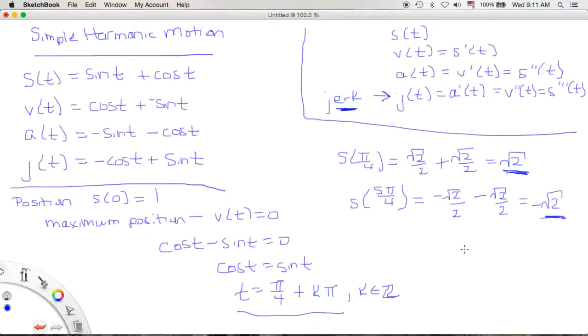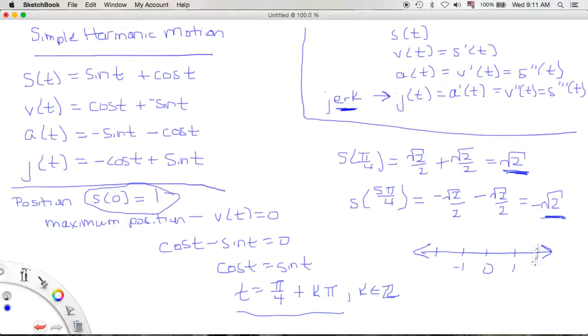So what does that tell you? Well, it tells you that we start here, and then we oscillate between these two positions. So we're oscillating between the square root of 2 and negative square root of 2. So if we have a number line, say, so here's 1 and negative 1.